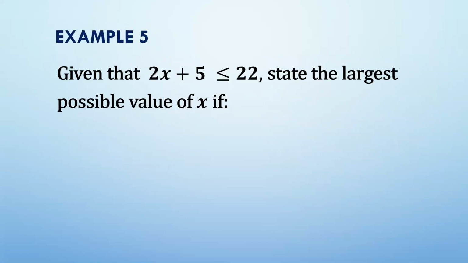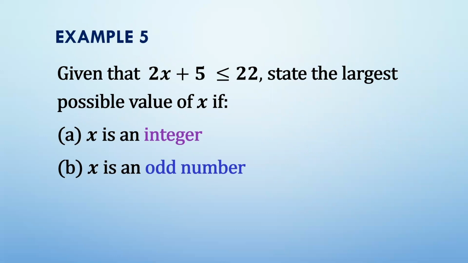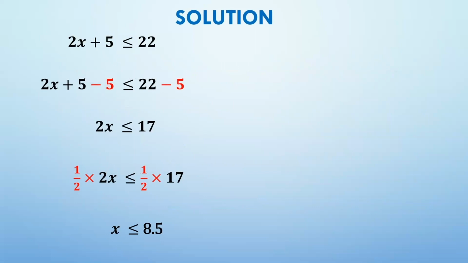Example 5. Given that 2x plus 5 less than or equal to 22, state the largest possible value of x if part A, x is an integer, part B, x is an odd number, and part C, x is a square number. So first, we are going to solve this inequality.